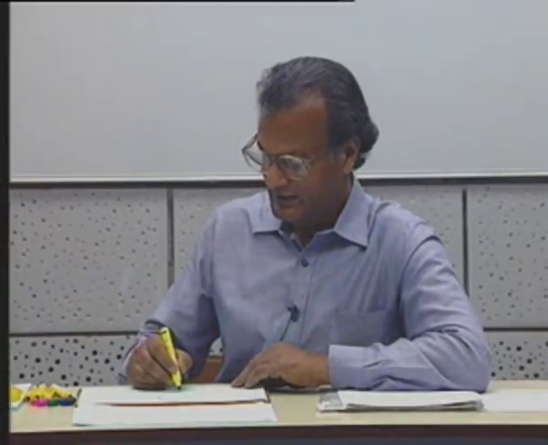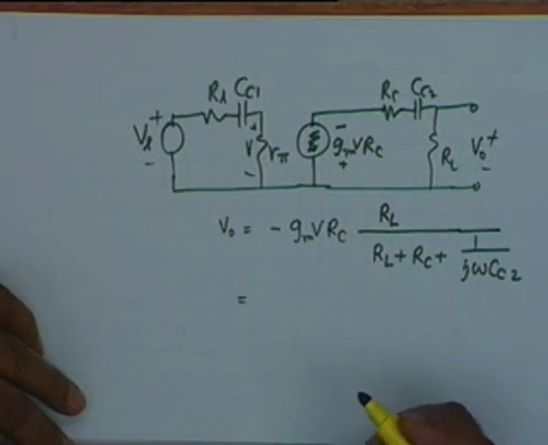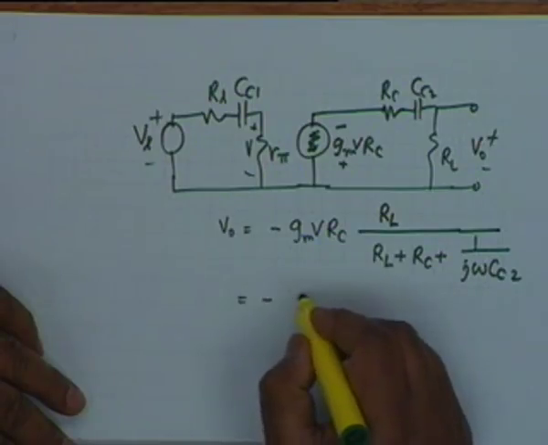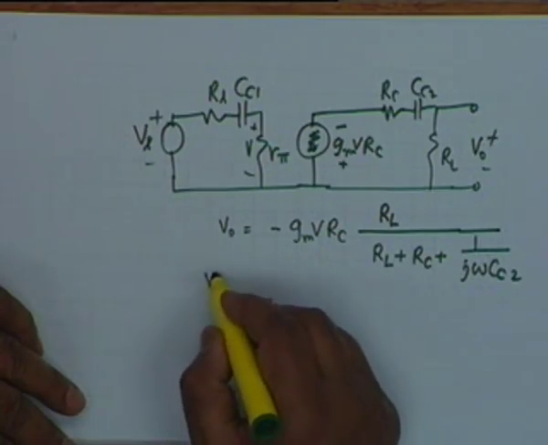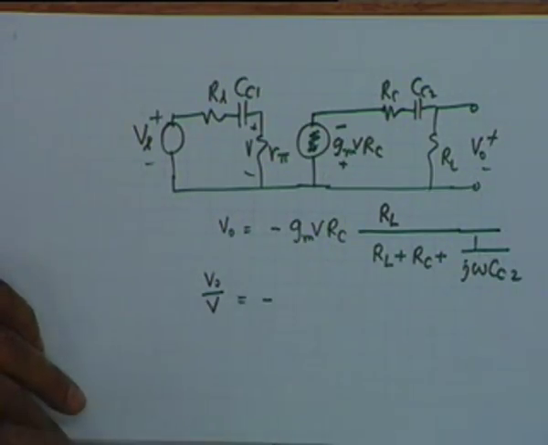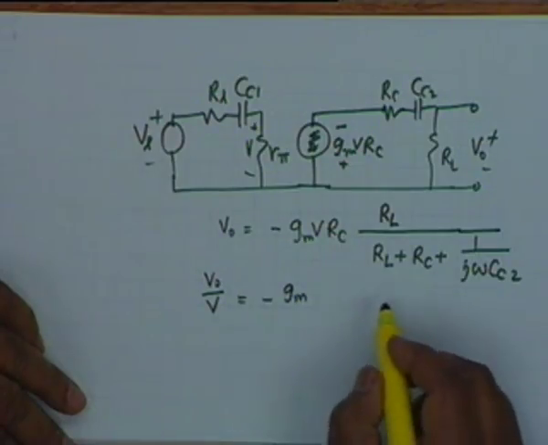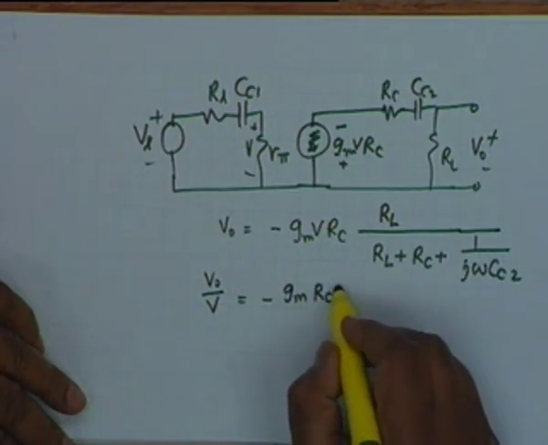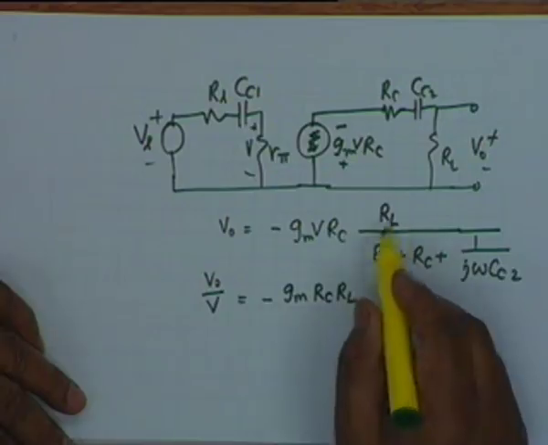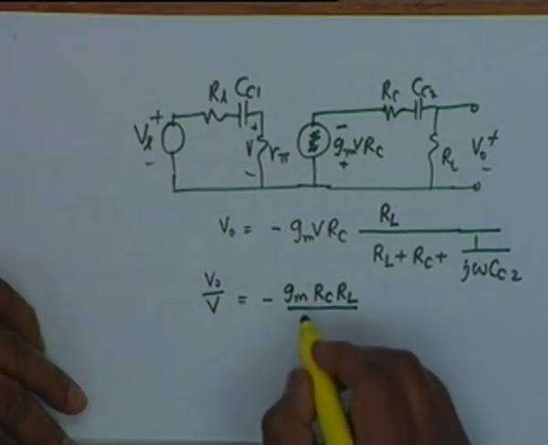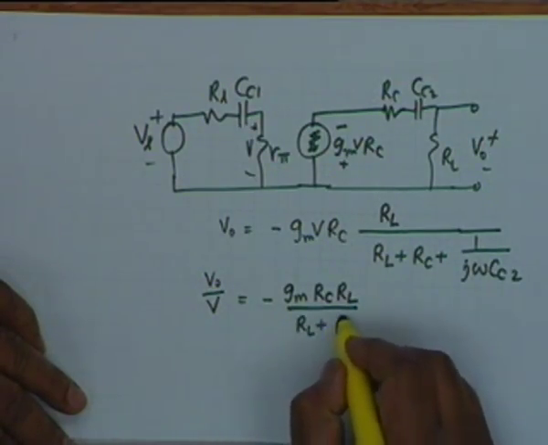Okay. Now, I can do a bit of simplification. Let us write V0 by V. This is what I want. This is minus GM. Now, look at the simplification. I have RC RL, RC RL. Then from the denominator, let me take RL plus RC out.